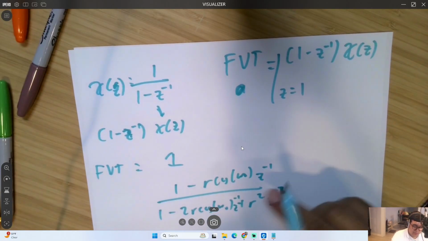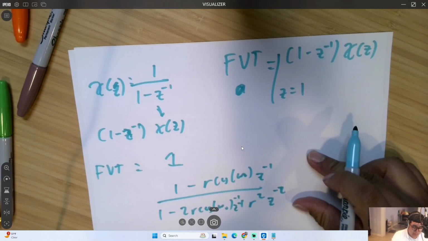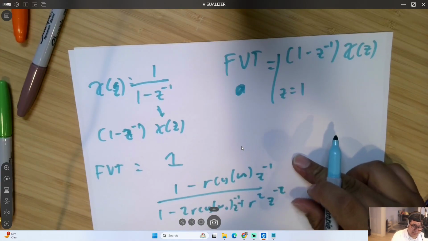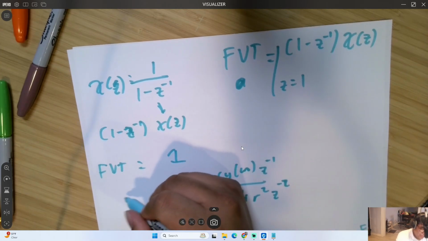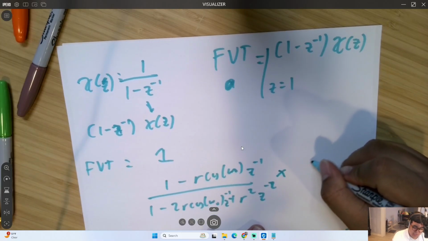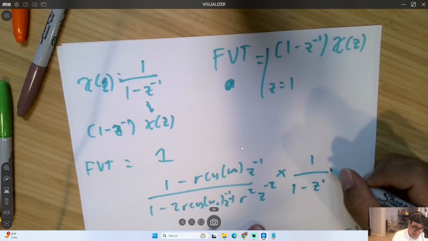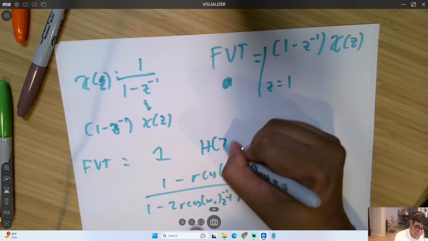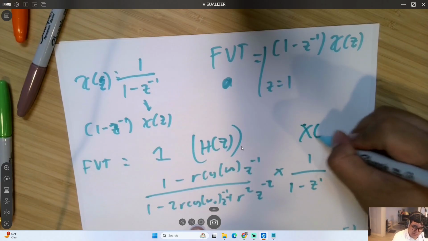All you've got to do, what's the final value of this? Well, you already know the final value of this. First, you've got to convolve this with 1 minus z to the minus 1, okay? This is our h, okay? This right here is our x, okay?